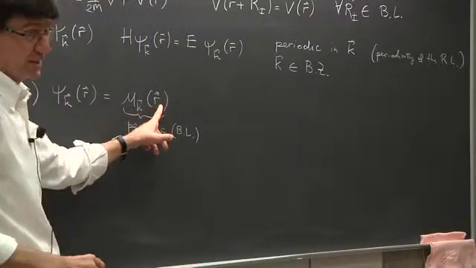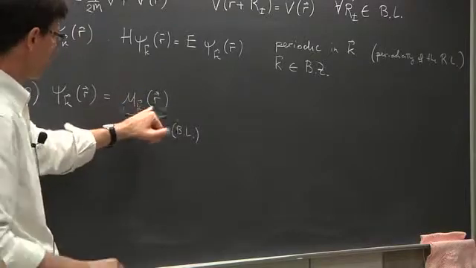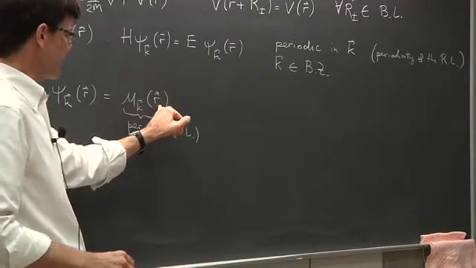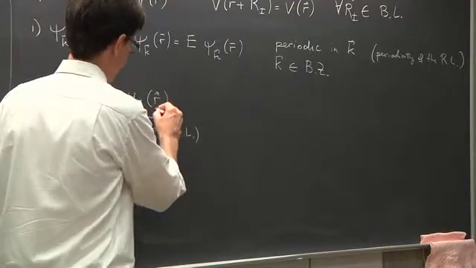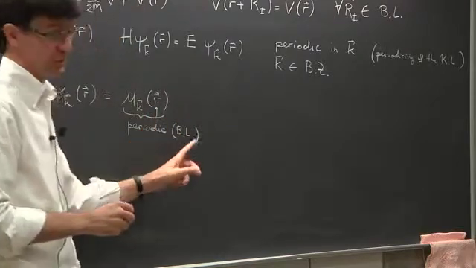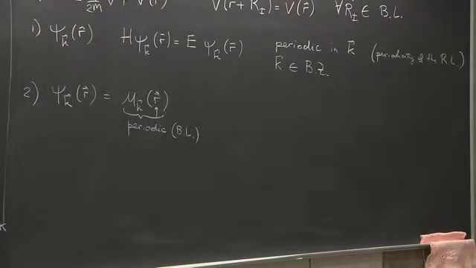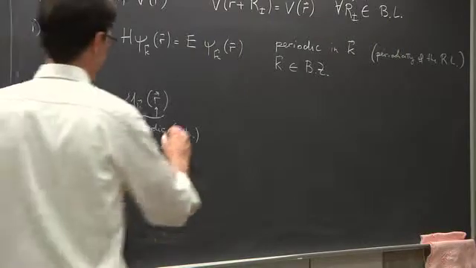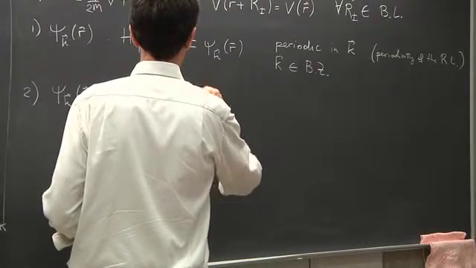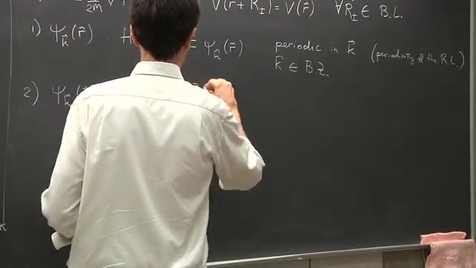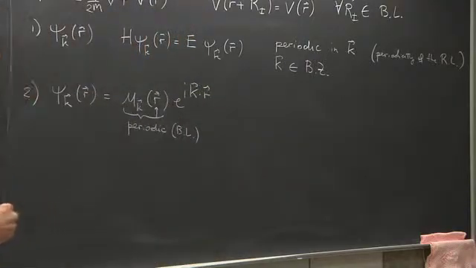As a function of R it is periodic, and it's also a function of K, but the important statement now is that as a function of R it is periodic, with the periodicity of the Bravais lattice, times a phase. Okay?